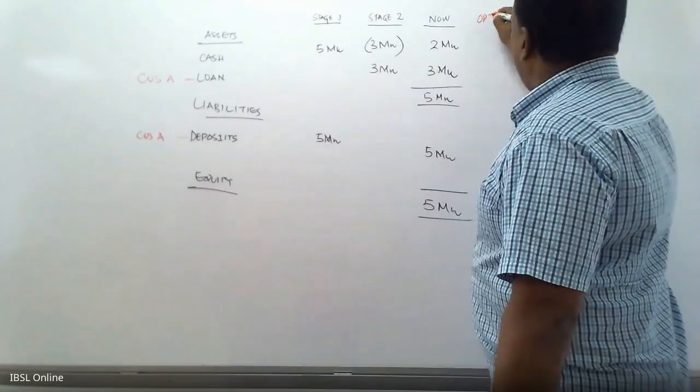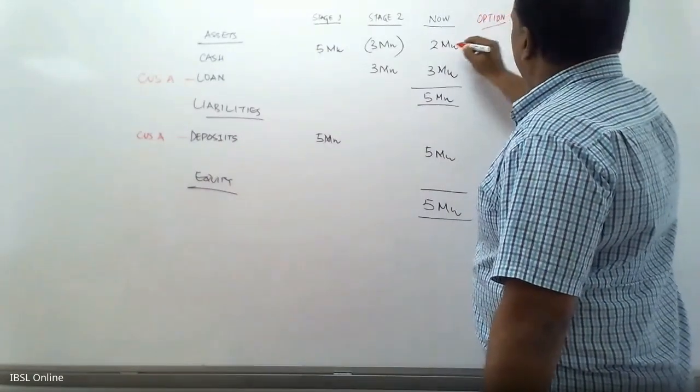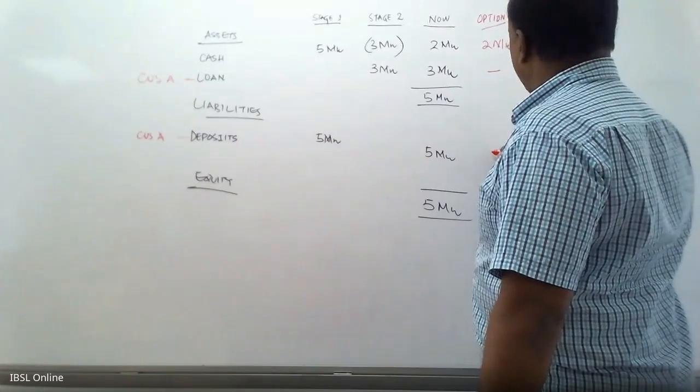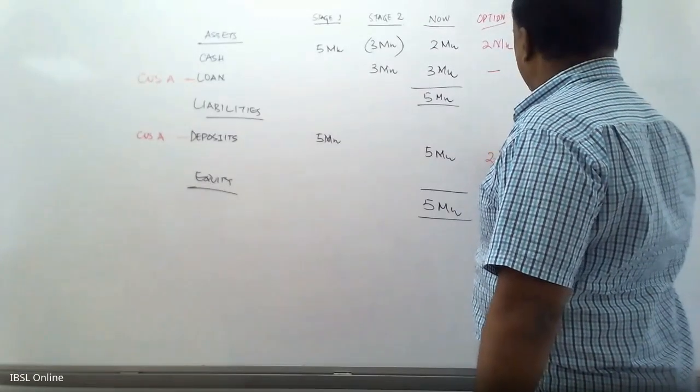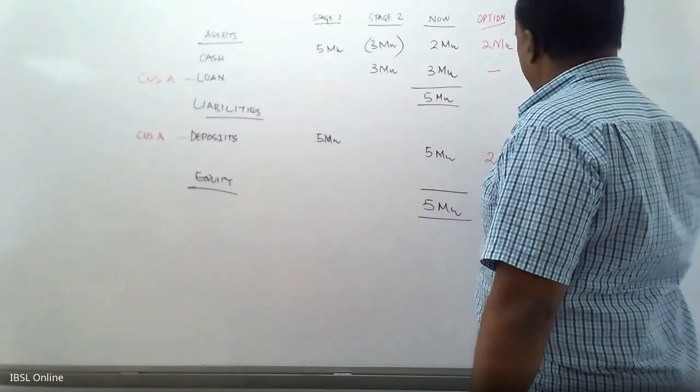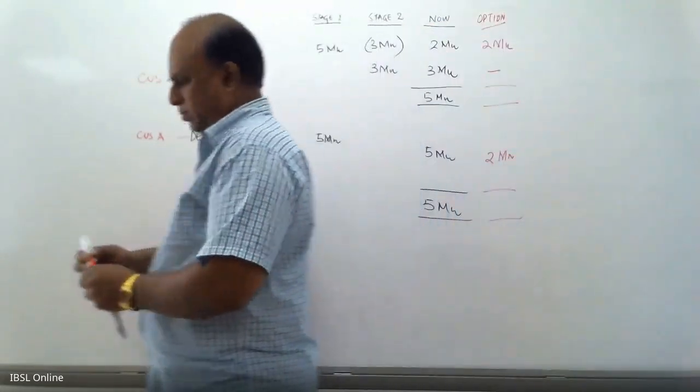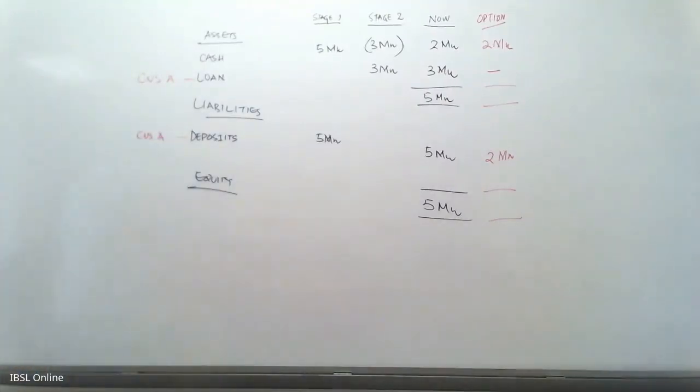I'm looking at an option: 2 million cash, no loans, 2 million of deposit.